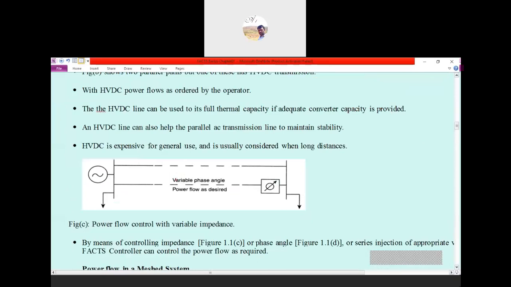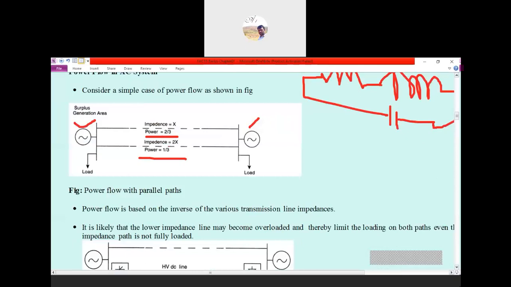Due to that, the impedance will be reduced, and the resistance path will also be reduced, because the number of lines, the number of conductors, also decreases. The HVDC line can be used for the full thermal capacity, limited by converter capacity, so we need some capability limits.